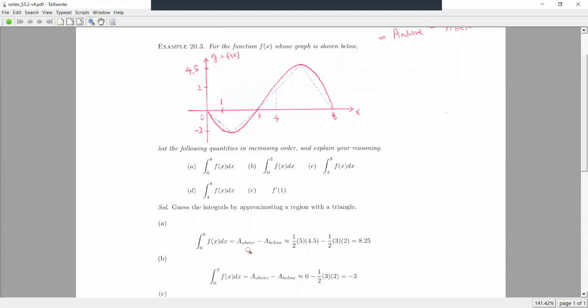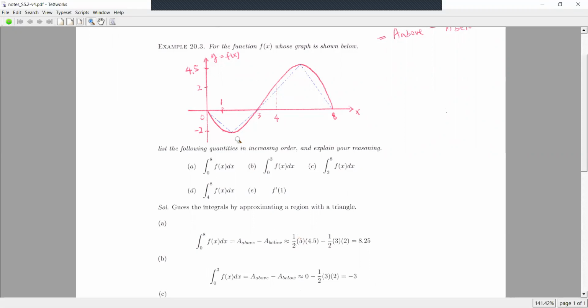The area above the x-axis is this area. Let me use this triangle to approximate it. The base is 5, from 3 to 8, and the height is 4.5. So the area above is 1/2 times base times height.